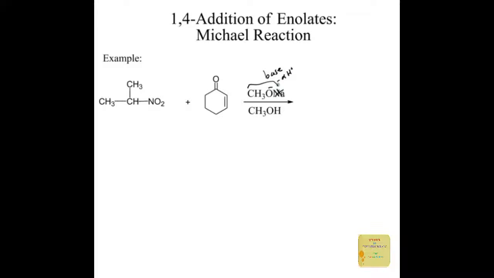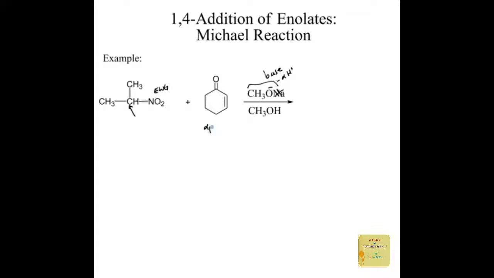Now, and this is where it starts to get a little complicated, because you have an alpha proton here and you have an alpha proton here. Now, I don't see a carbonyl, but remember, this nitro as an electron withdrawing group acts just like a carbonyl, even better. So this is an alpha proton just like this is. Okay, now how do I decide which one to go? Well, here's a hint I'm going to give you.